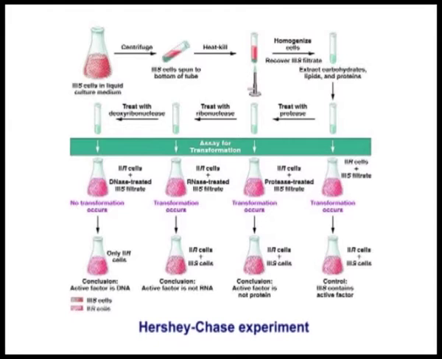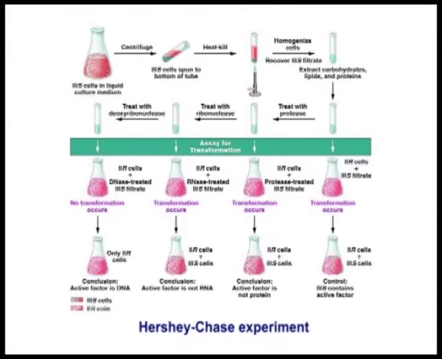They observed that after carbohydrate and lipid extraction, the lysate was still able to transform R into S strain, suggesting that carbohydrates and lipids are not the transforming principle or the genetic material.